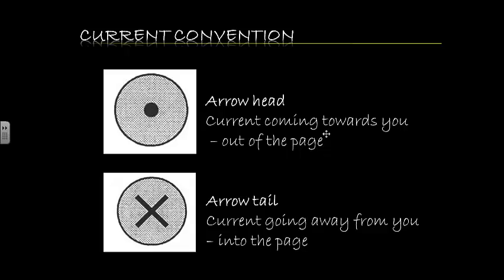It's going away from you, or into the page. An easy way to remember it, I always remember out is like an O, and that's kind of like the dot. So the dot is out, the X is in.